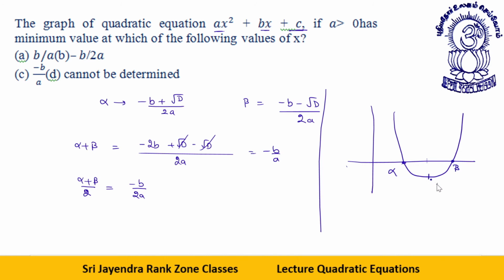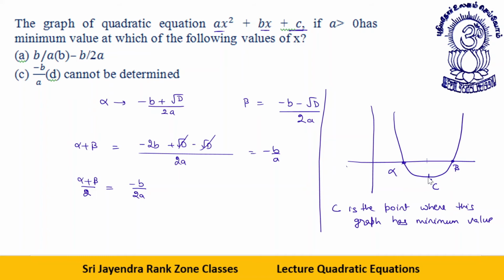Let's say this point is C, the point where this graph has minimum value.